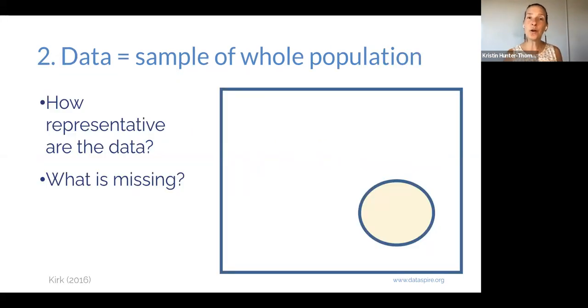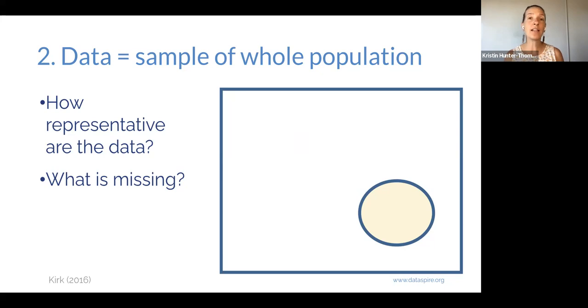And number two is that when we're working with data, it is always a sample of the whole population. We cannot collect information on every single instance and every single variable or attribute of each of those instances in whatever individual system or phenomenon that we are looking at.